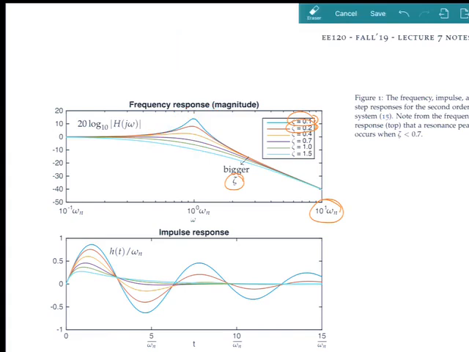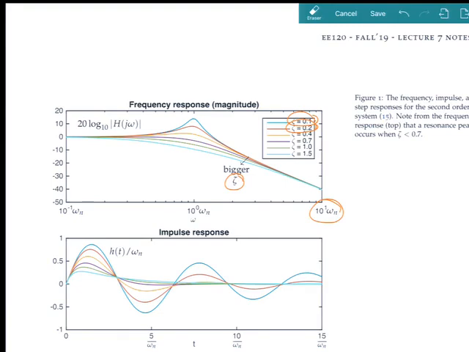And that happens if the zeta factor is small. There's a critical value that I'll put in the notes where it comes from. It's very simple. When zeta is around 0.7, that starts happening. If zeta is bigger than that, you have a nice and monotonic decay in frequency, so you look like a nice low-pass filter.